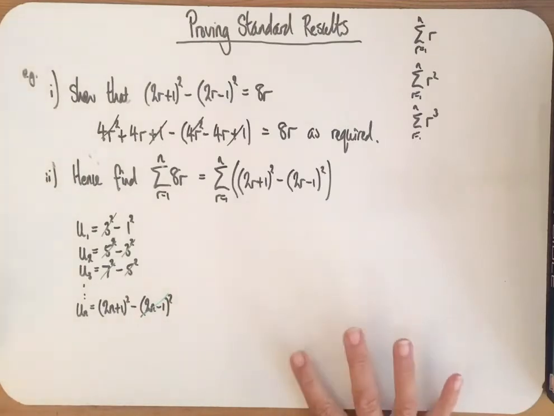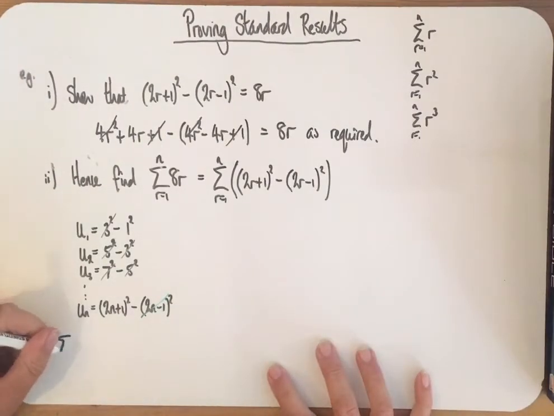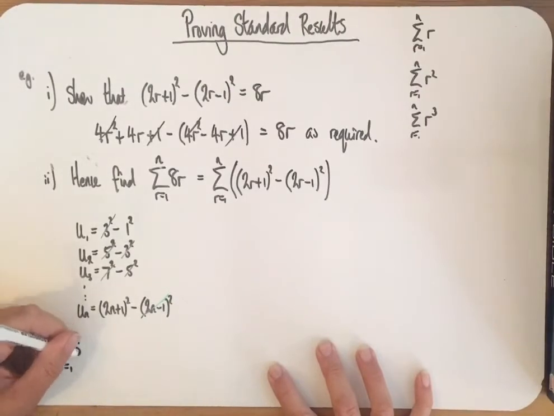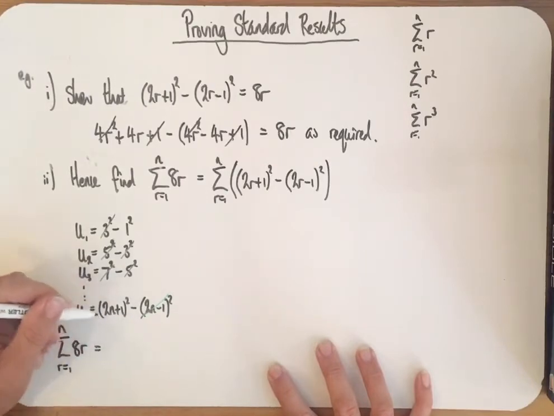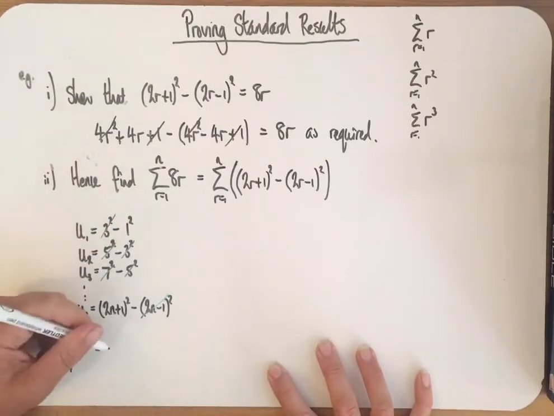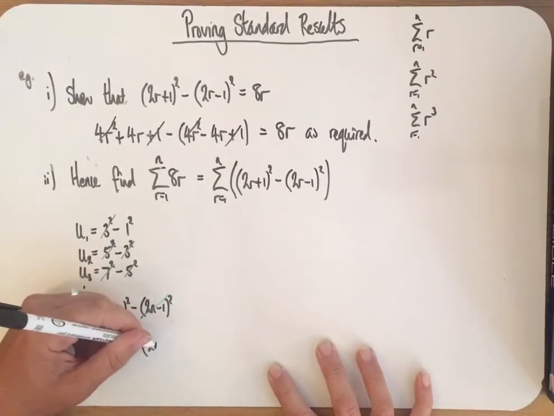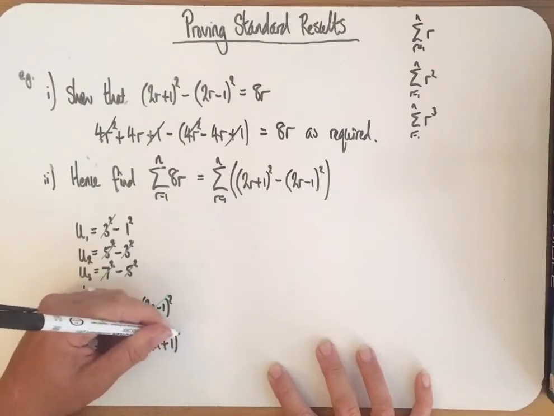And so the sum from r equals 1 to n of 8r is equal to minus 1 squared plus 2n plus 1 squared.